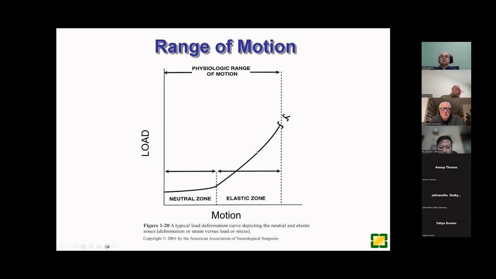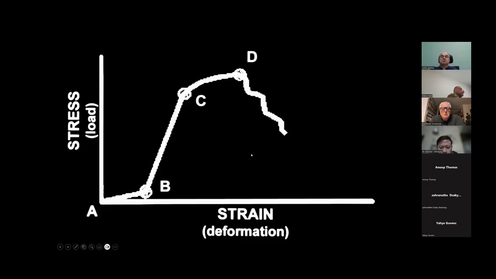The slope of this curve is stiffness. And here we see neutral zone, elastic zone, and we start beginning to deform here in the plastic zone, and then ultimate failure.